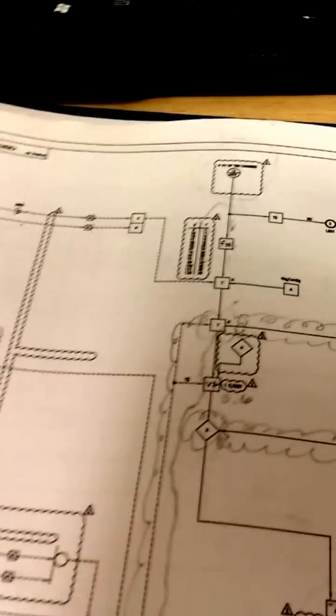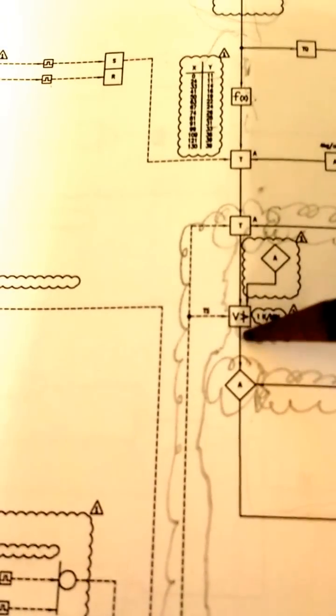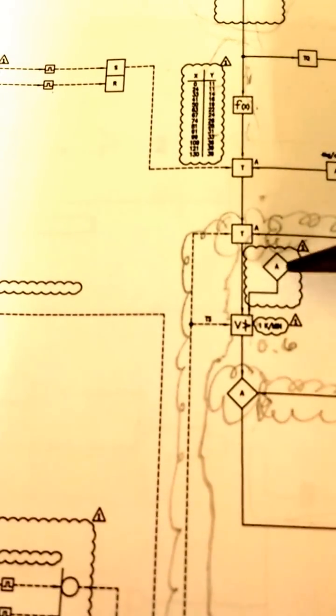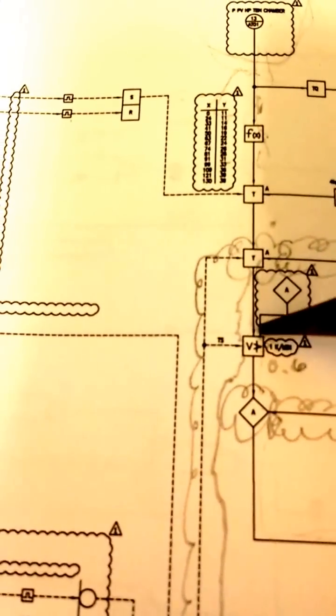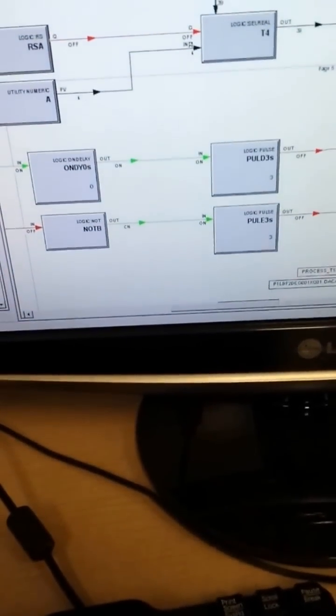This is velocity, so we can see it here, the velocity limiter. Upper velocity, greater than velocity limiter. So here the value is 1 per minute, but in actual it is changed to 0.6.